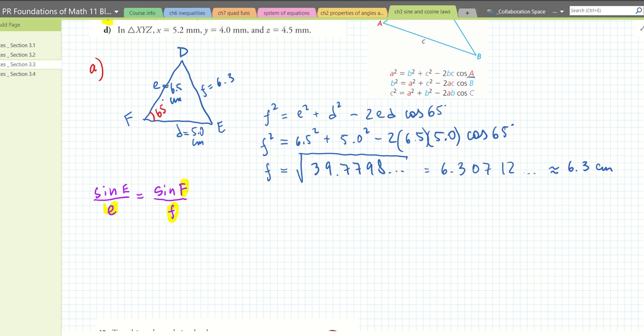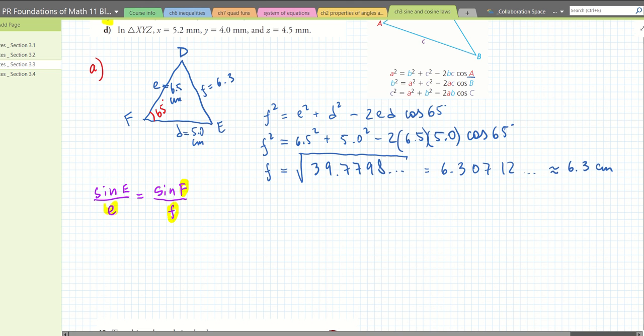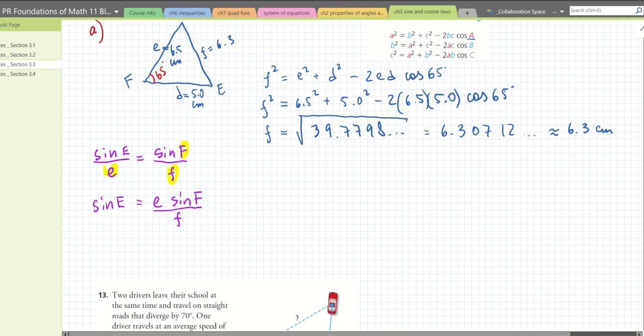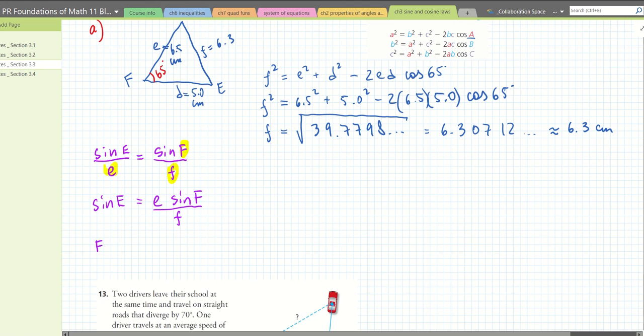I'm going to cross multiply this to solve for sine E, which means we have to move this lowercase e to the top, so we get sine of angle E equal to lowercase e times sine F over f, which means that the angle E will equal the sine inverse of all of this.